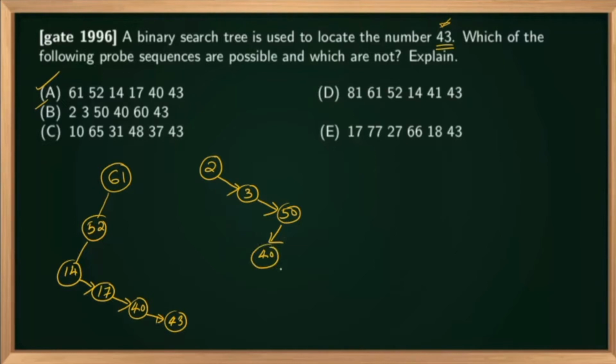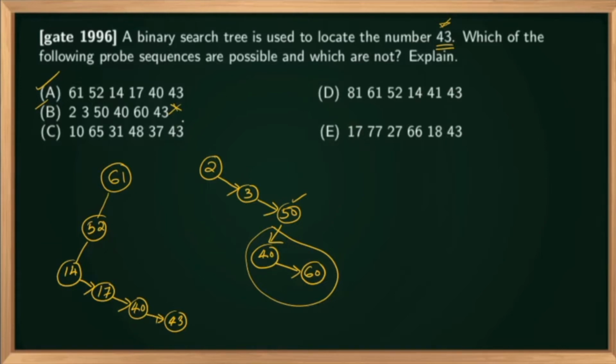Then 43, that means we go right. We are expecting a number greater than 40, but here it is 60. But you see what happened here: if this is a tree, we have a node 50 here. So all the elements on the left side of 50 should have a value less than or equal to 50, right? But we have a value 60 here. That means this is not a valid probe sequence.